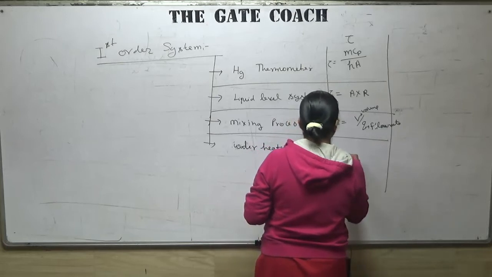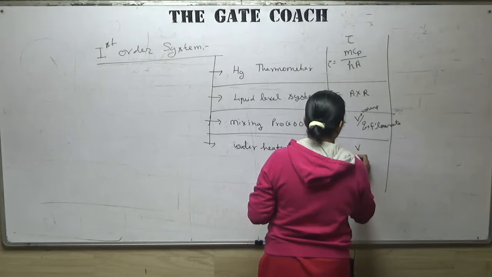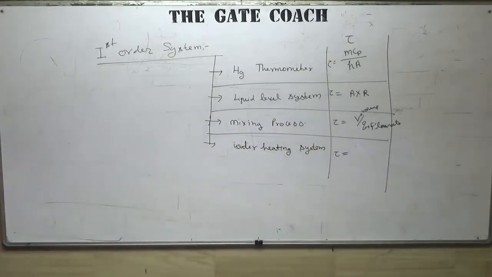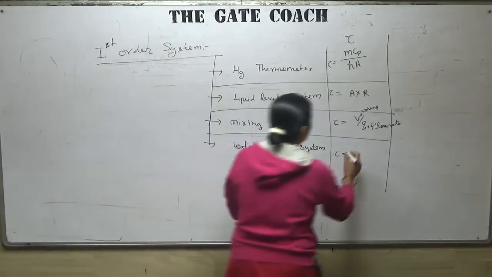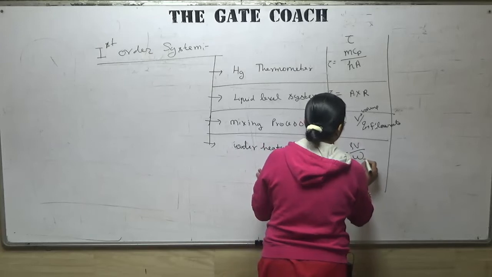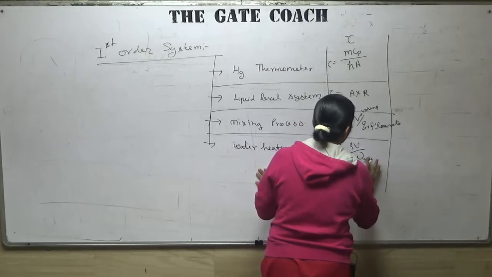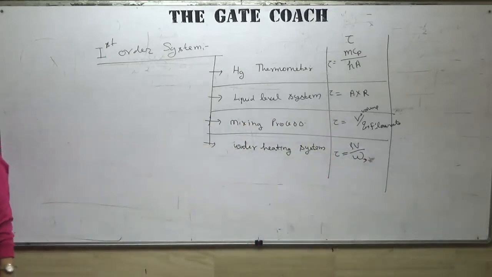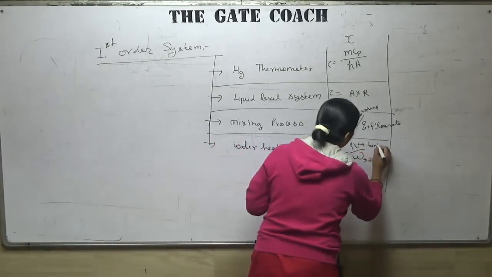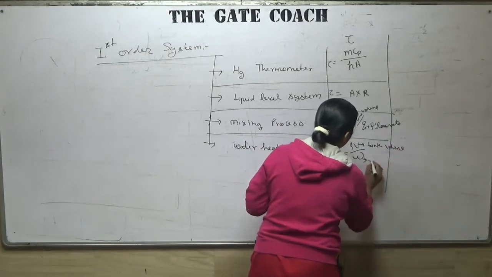In case of water heating system, it is rho V by W, where W is the mass flow rate in kg per hour, and V is the tank volume.